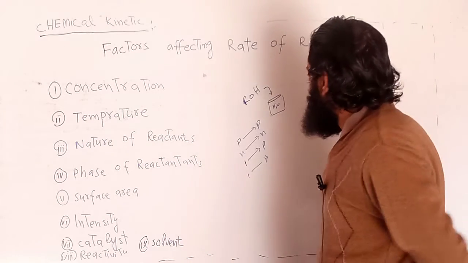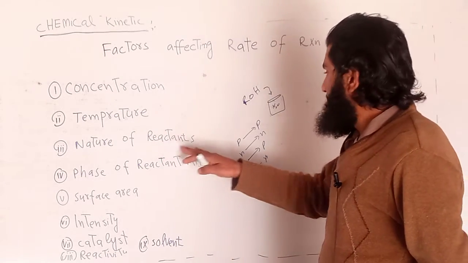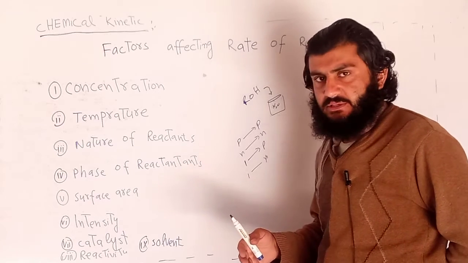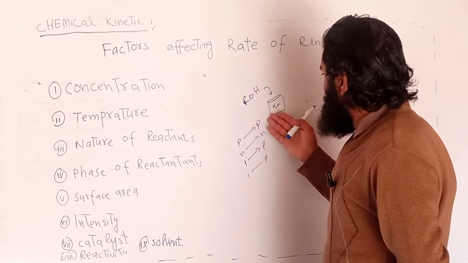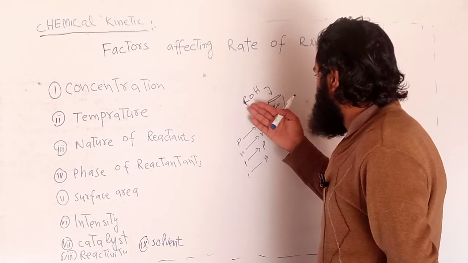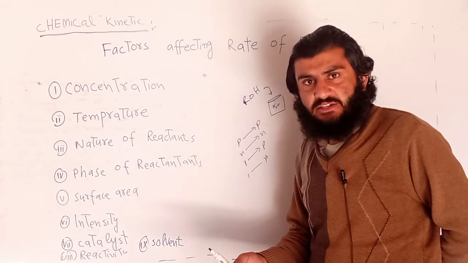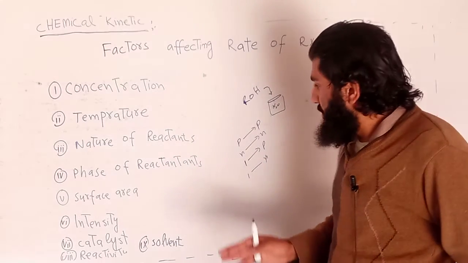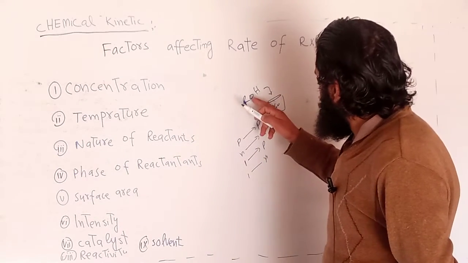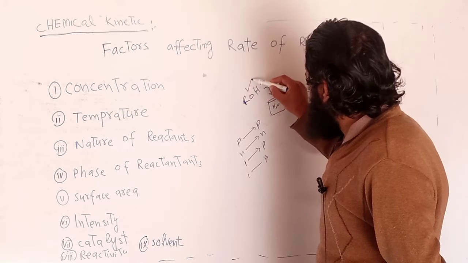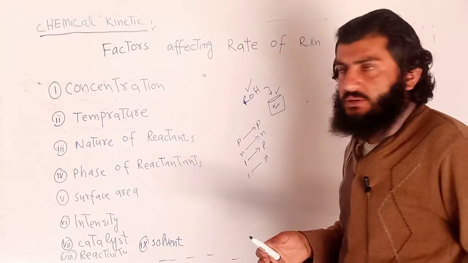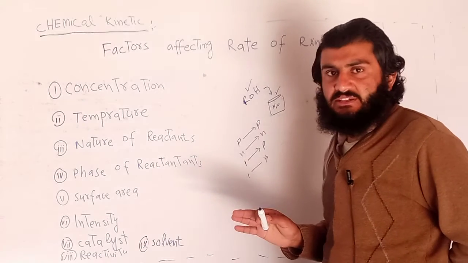Clear? So, the nature of the reactant is very important for the rate. If the reactants are of the same nature, the rate of reaction will increase. These compounds are polar and this also has polar nature, so they can react with each other.